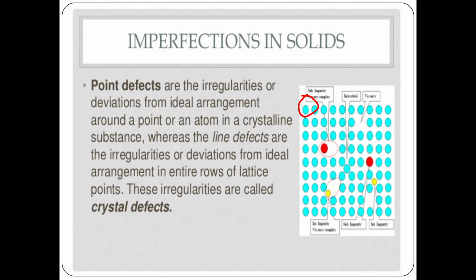Any change or irregularity in the arrangement. The line defect is a deviation from the ideal arrangement in an entire row of lattice points. For example, if this imperfection is in an entire row, we call it a line defect. Such types of defects are collectively known as crystal defects.